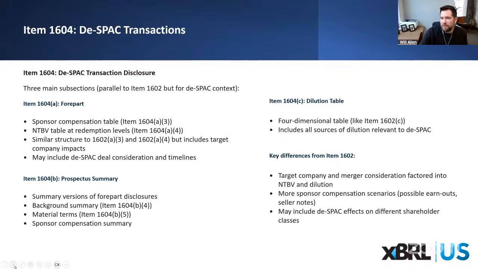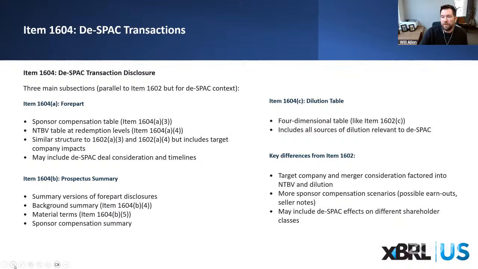The target assets, liabilities, business model, they're all folded into this deal, into this SPAC. The deal consideration could include cash, stock, debt, likely a mix. So it definitely affects the capital structure. Redemption rates matter a lot more because they directly impact the amount of capital available to actually fund the deal.